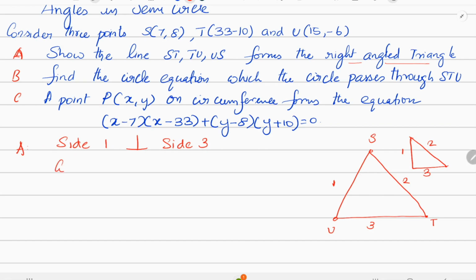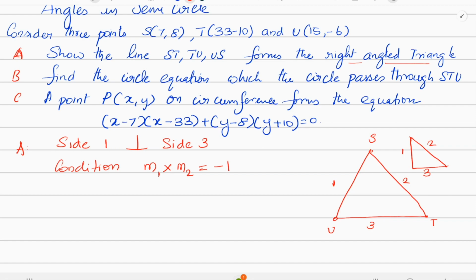There is a condition: m1 multiplied by m2, the gradient of side 1 and the gradient of side 2, must be equal to -1. If two lines are perpendicular, then the product of the gradient of line 1 and the gradient of line 2 must be equal to -1.